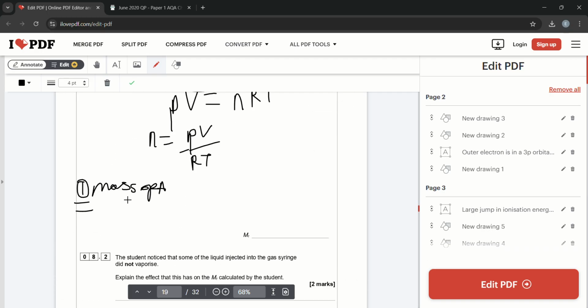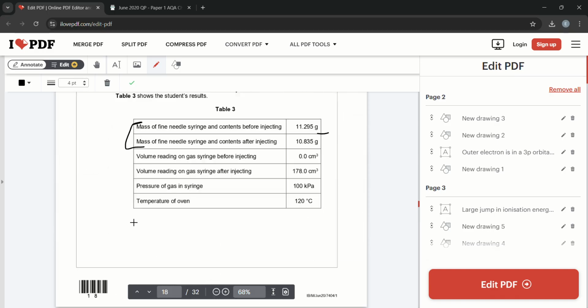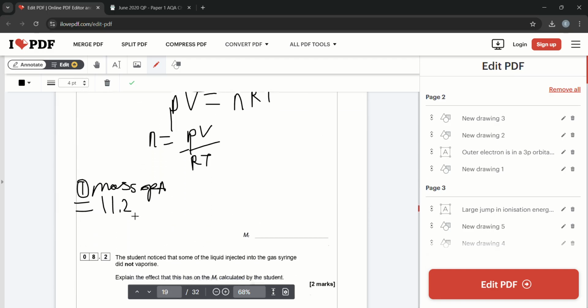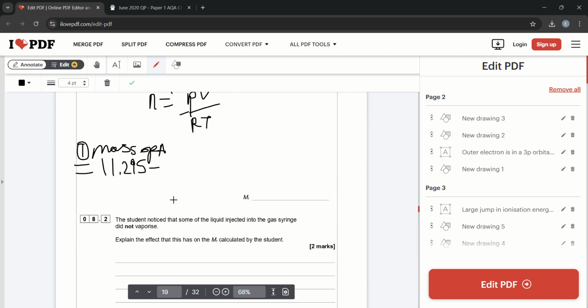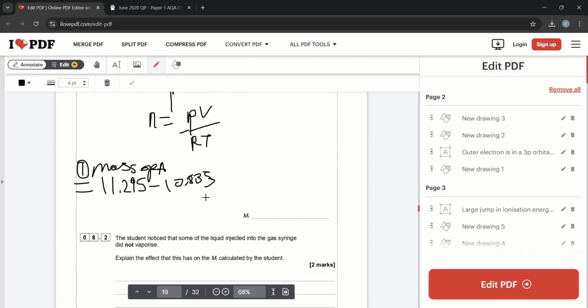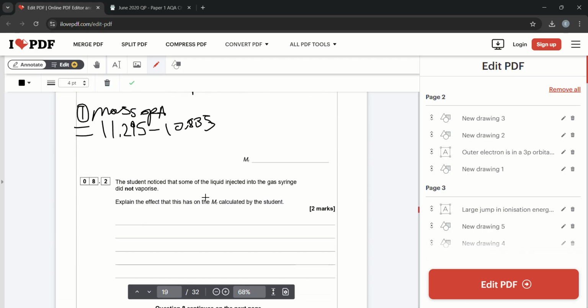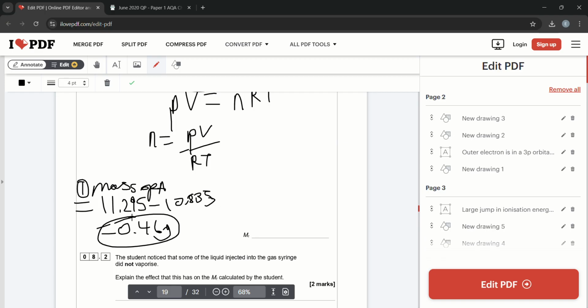Let's show the subtraction so the examiner knows we don't just get it out of thin air. 11.295 minus 10.835 gives me 0.46 grams. I'll need this later on.